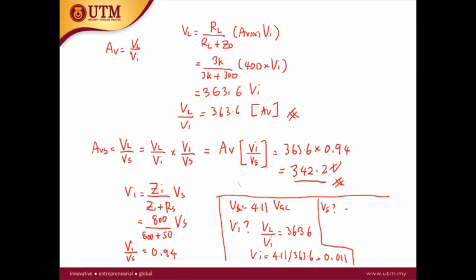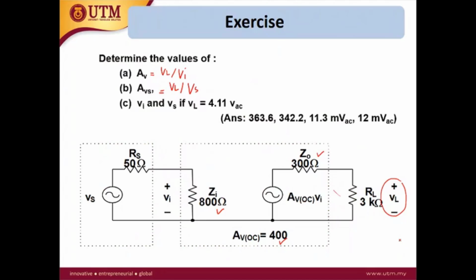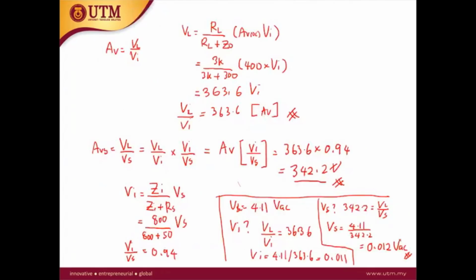AVS is 342.2, equal to VL over Vs. So Vs is equal to VL, 4.11, divided by 342.2, so 0.012 VAC. Cool. So now you can get the answer.